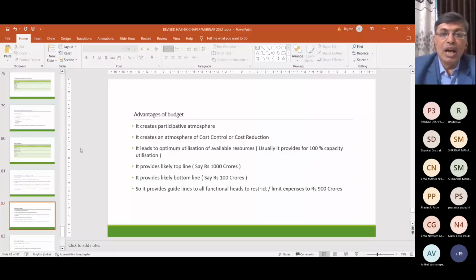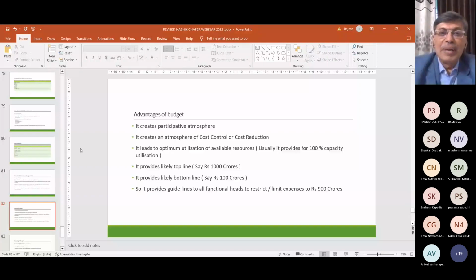So it creates a participative atmosphere. Nobody feels that some department is left alone. It creates an atmosphere of cost control or cost reduction.